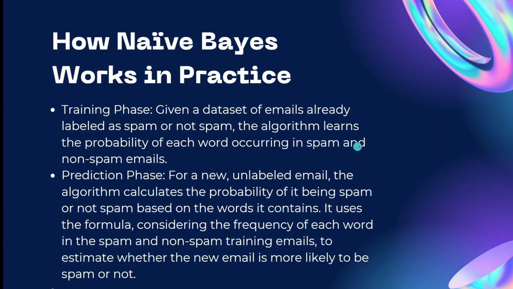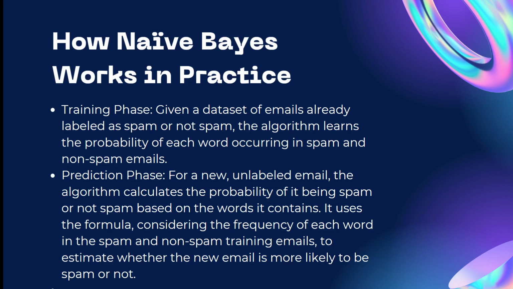So in practice, how does it work? In the training phase, we give a dataset to our Naive Bayes algorithm, and it gets the probability of each word occurring in spam and non-spam emails. For example, let's talk about the word free.